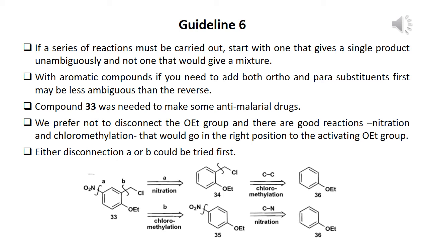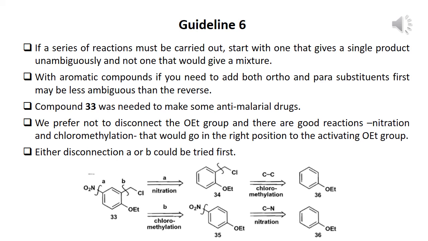We can do the disconnection B, where we can do the chloromethylation. In the case of nitro disconnection, we can have 34, in which there is ethoxy and chloromethyl.